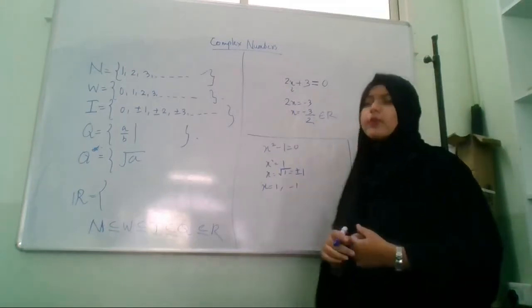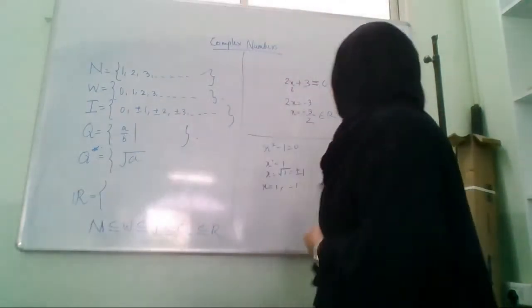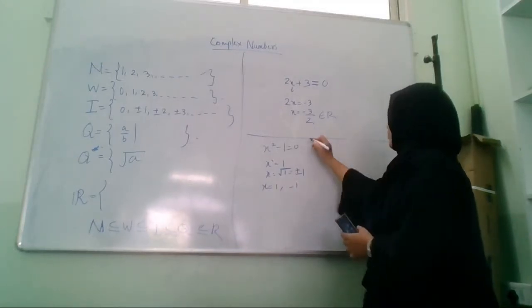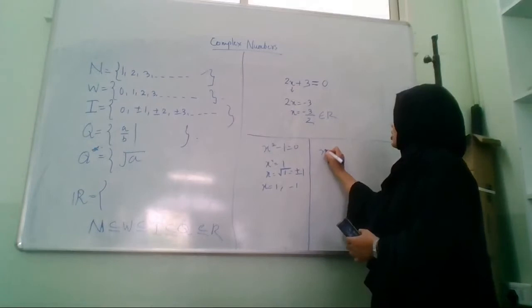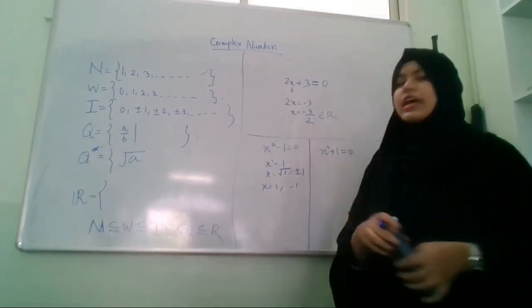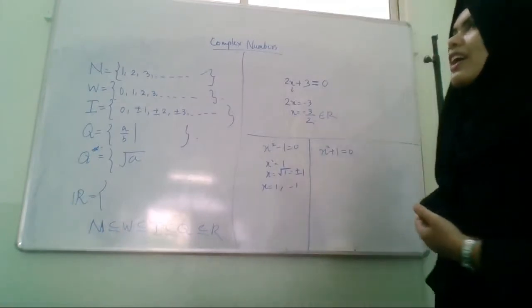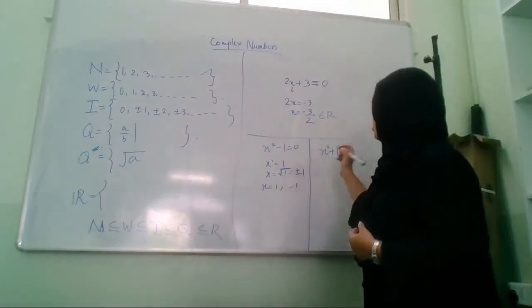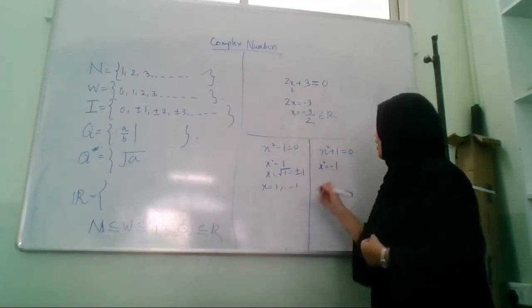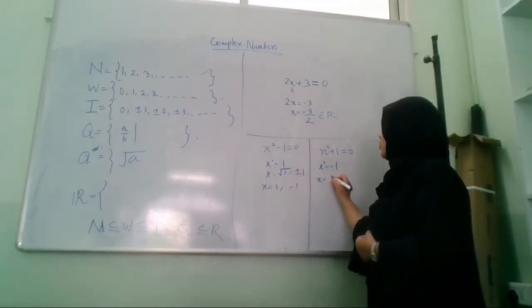But if I give you x square plus 1 is equal to 0, can you tell me what will be its solution? So x square is equal to minus 1. That means x is equal to under root of minus 1.